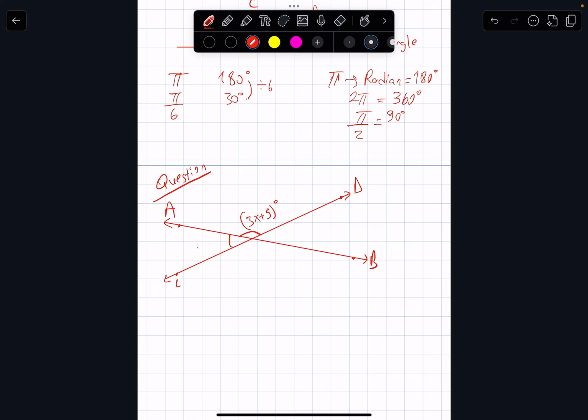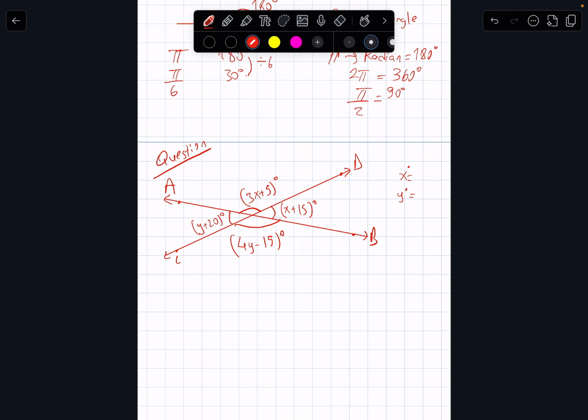This is going to be y plus 20 degrees. Let's call this x plus 15 degrees, and this one 4y minus 15 degrees. So, find x and y degrees.